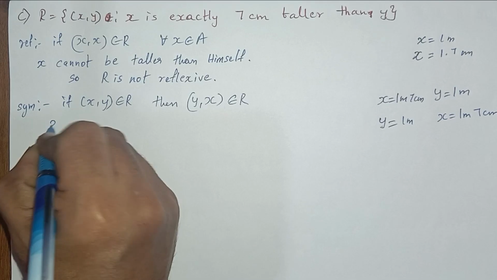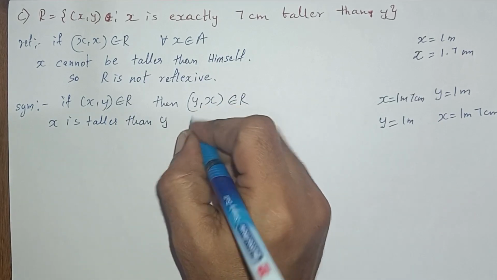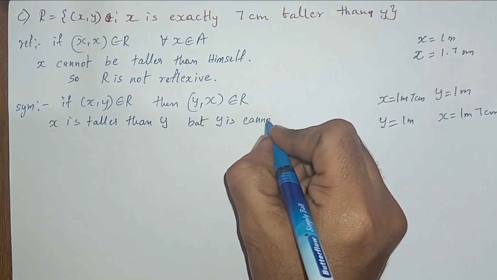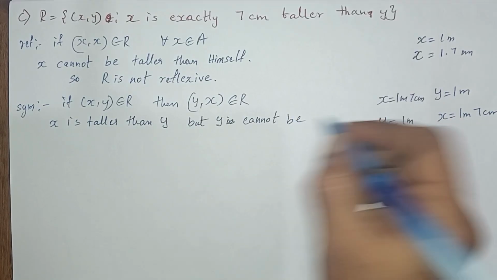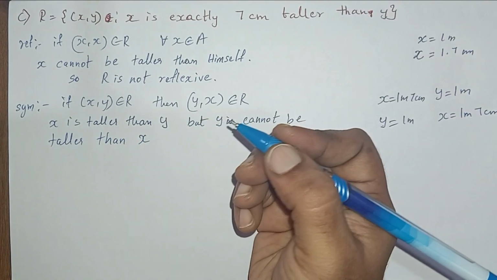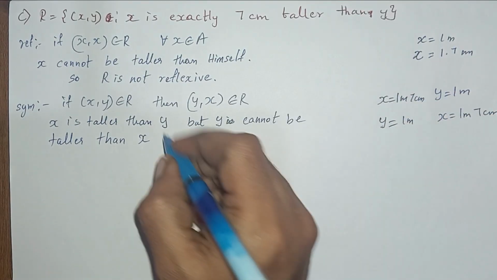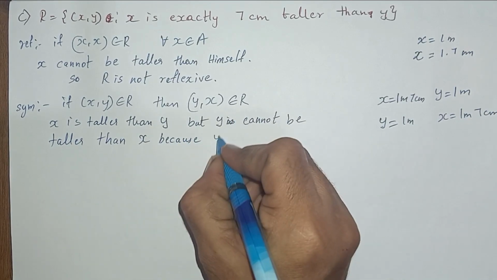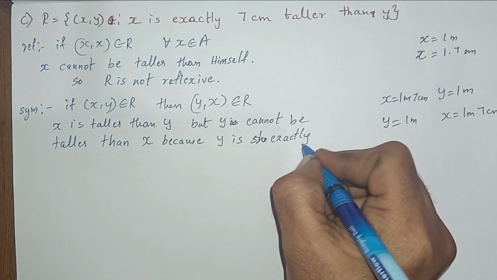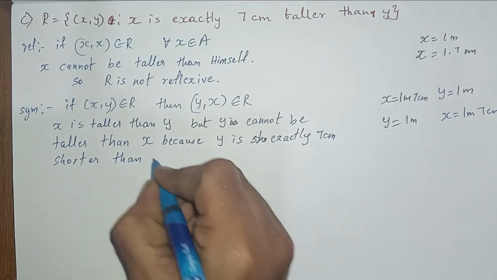So here we'll write: x is taller than y, but y cannot be taller than x, because he'll be shorter, he won't be taller at all. y is exactly 7 centimeters shorter than x.